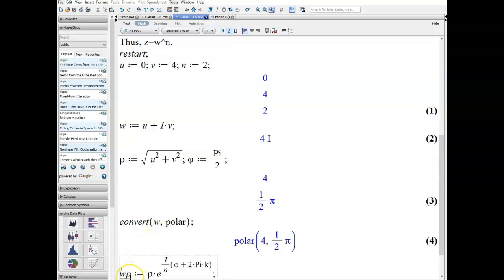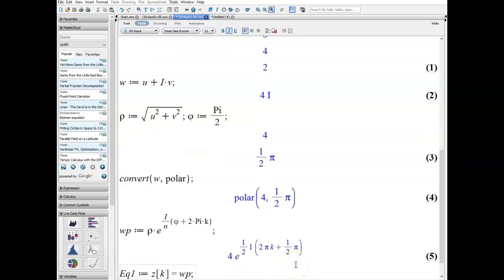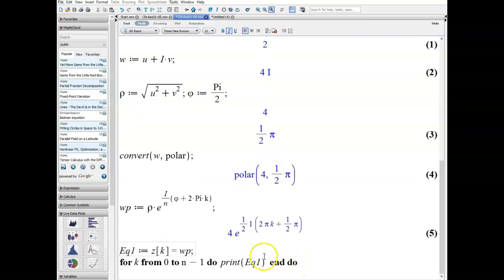So w in polar form we are writing as rho into e to the power i upon n, inside the bracket phi plus 2 pi k, this formula that we have derived in the PowerPoint presentation, and you can see the polar form of w is appearing as equation number 5.